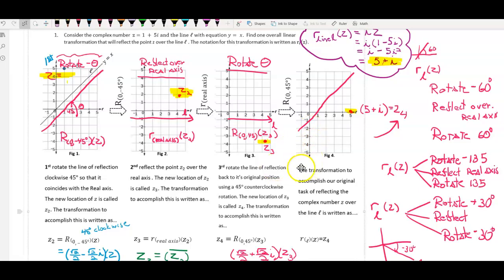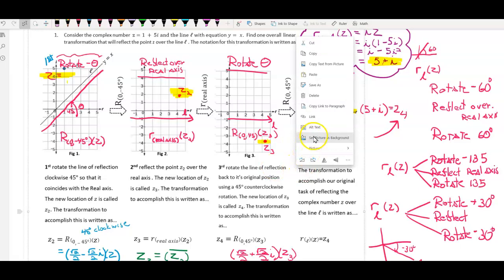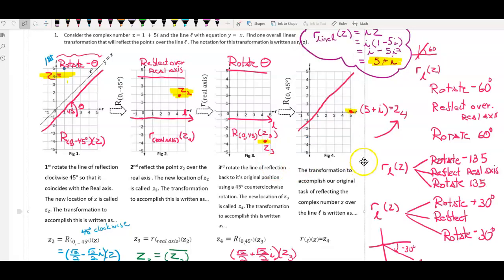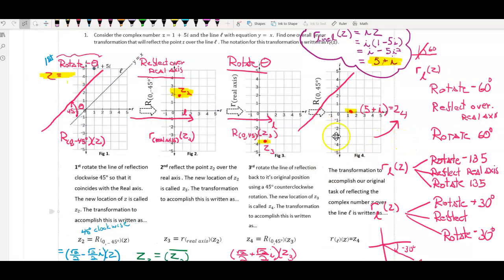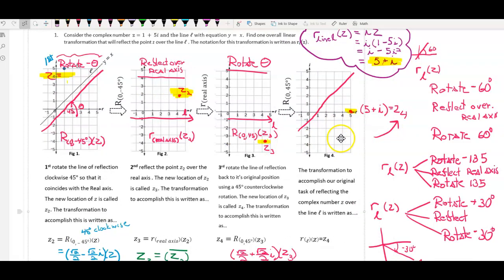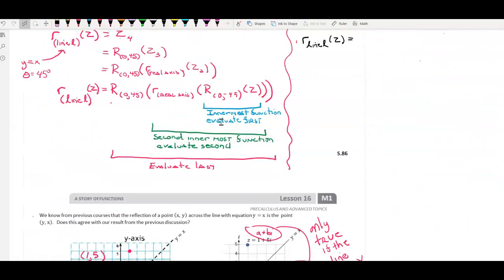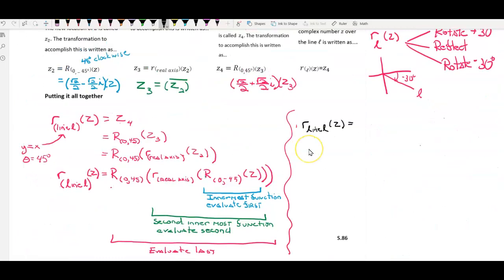Let's see, this got moved a little bit. My paper got moved a little. This should be right there.